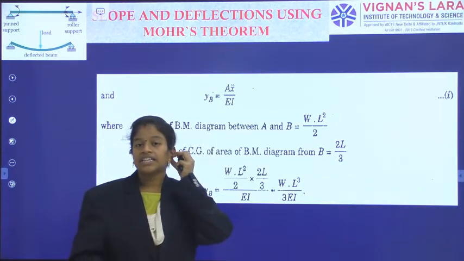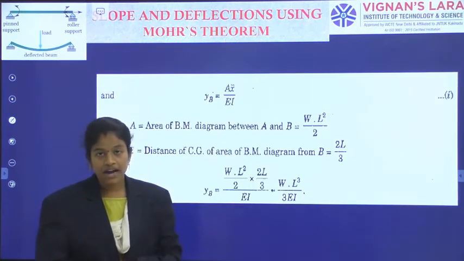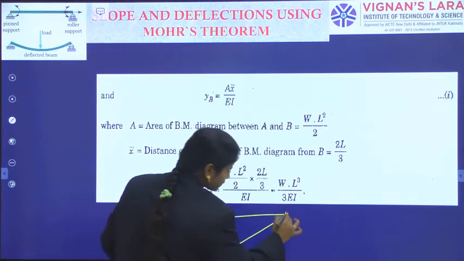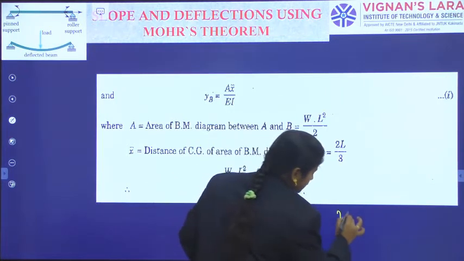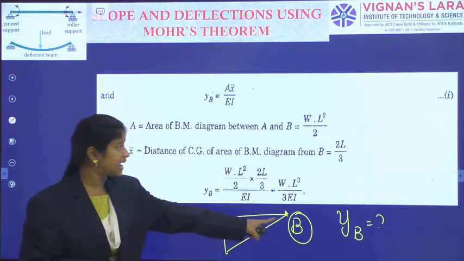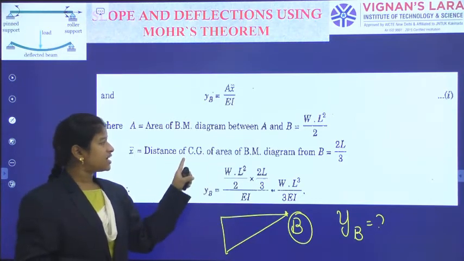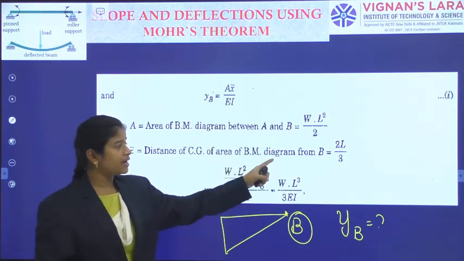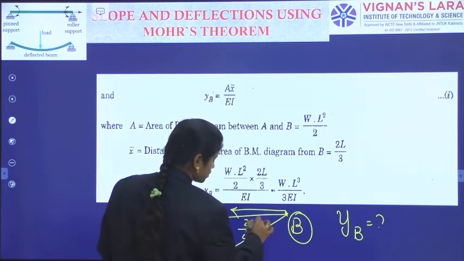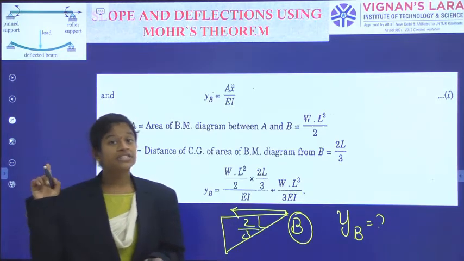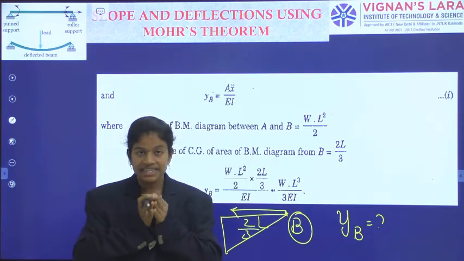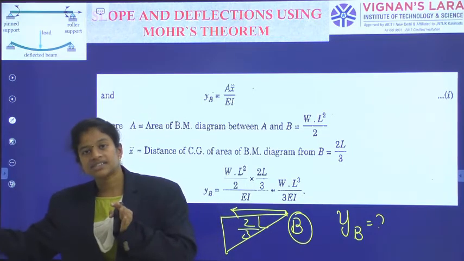That is YB, A into X bar by EI. As I am calculating the deflection at B, I need to measure the distance of the center of gravity of the bending moment diagram from B, as 2/3 of L. In case of simply supported beams, we are measuring at the center, so I have to measure the distance from the other end.